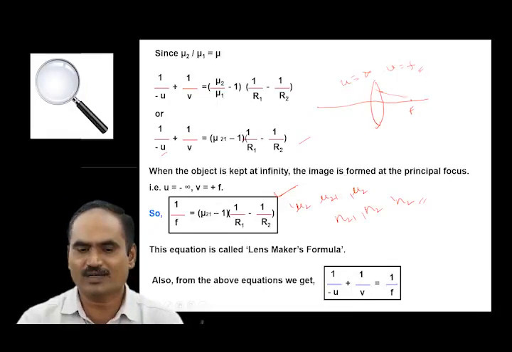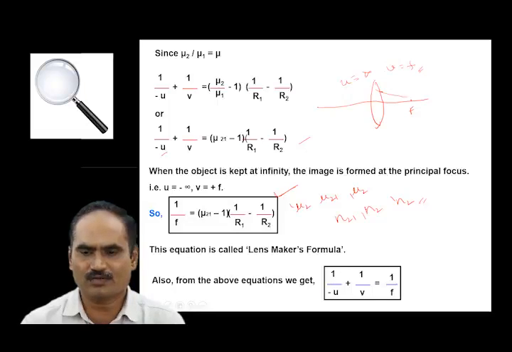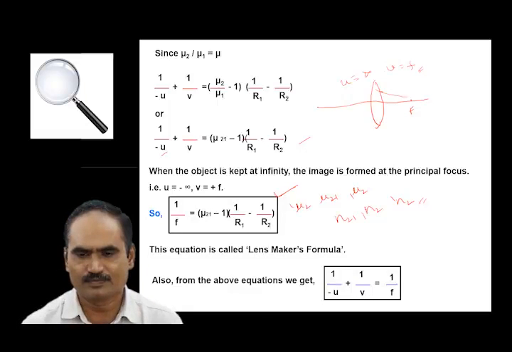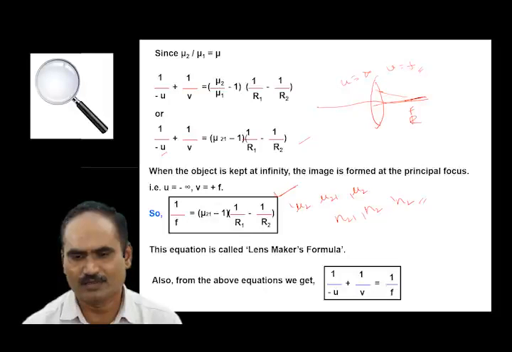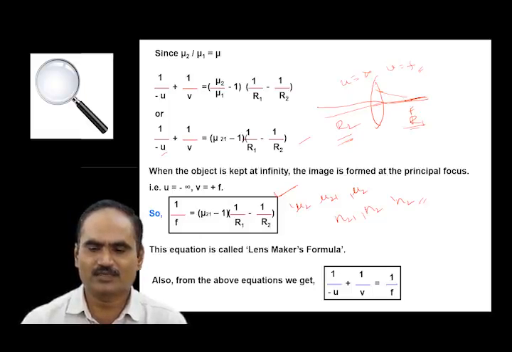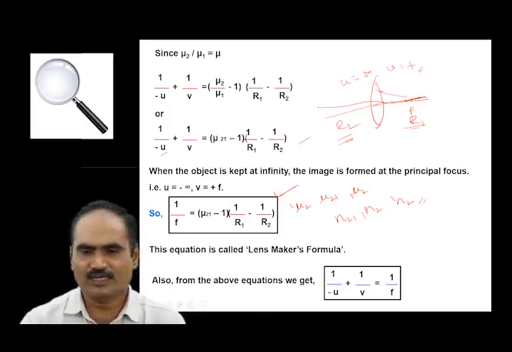Suppose the refractive index of the glass is known, then he has to choose r1 and r2. And usually what they do is, suppose you consider the above figure itself, right? So then there will be r1. This is r1, and this will be r2 for this curvature, right? r1 and r2 usually will be equal. So that is why it's called a biconvex lens. Most of the cases r1 and r2 will be equal.